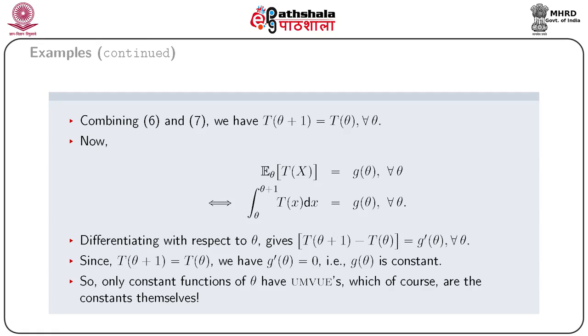Differentiating with respect to theta by Leibniz theorem, we get t(theta plus 1) minus t(theta) equals g prime(theta) for all theta, which implies g prime(theta) equals 0 for all theta, which is a contradiction to the fact that g(theta) is a non-constant function of theta.